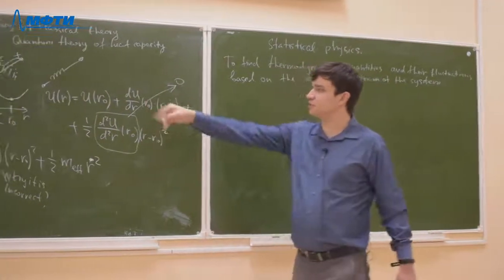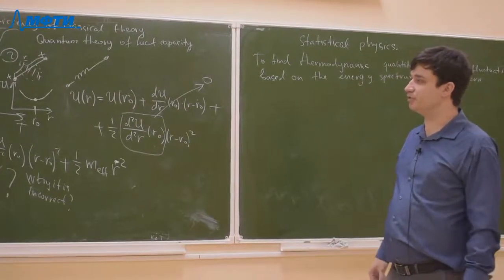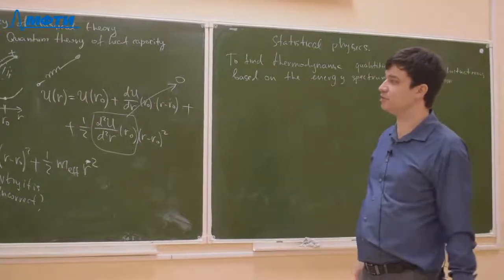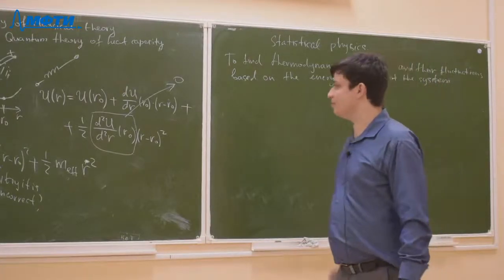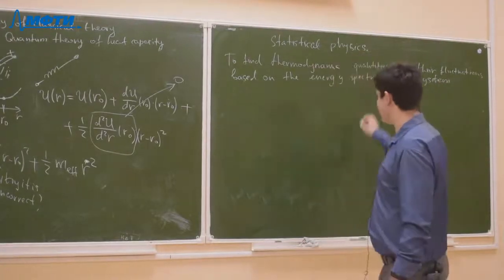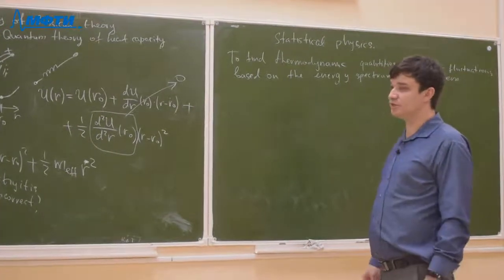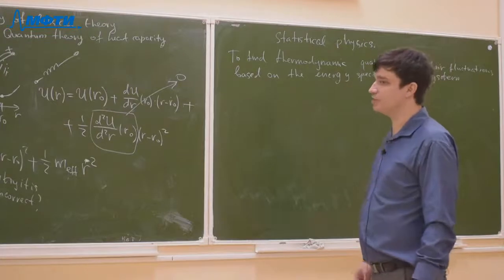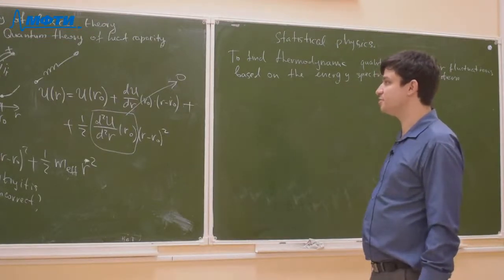So previous expressions which denote kinetic energy of the molecule as a function of its velocities and angular velocities can be considered as a part of this energy spectrum. But in a more general case, all of the systems are described by quantum mechanics. And mostly in quantum mechanics, spectra of systems are discrete.